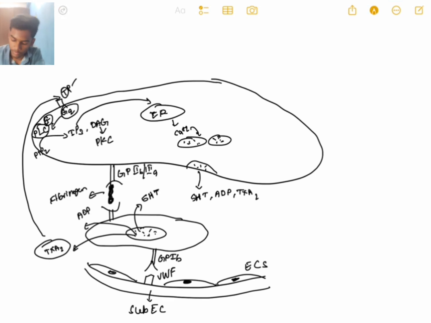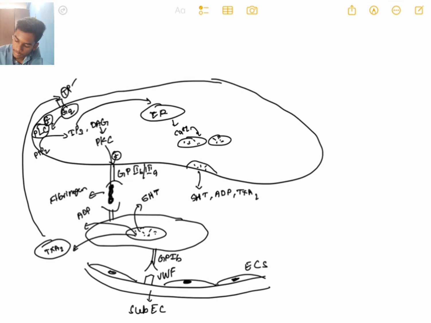Due to this fibrinogen, there is aggregation between the two platelets. This protein kinase C will regulate this GP2B3A, so it will cause more binding between the platelets. This is how thromboxane A2 will act.